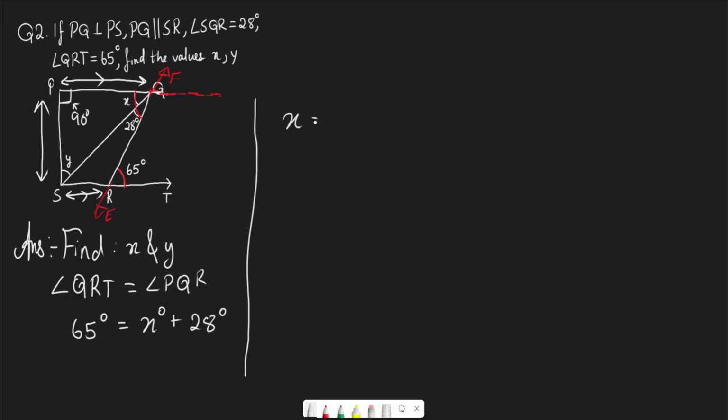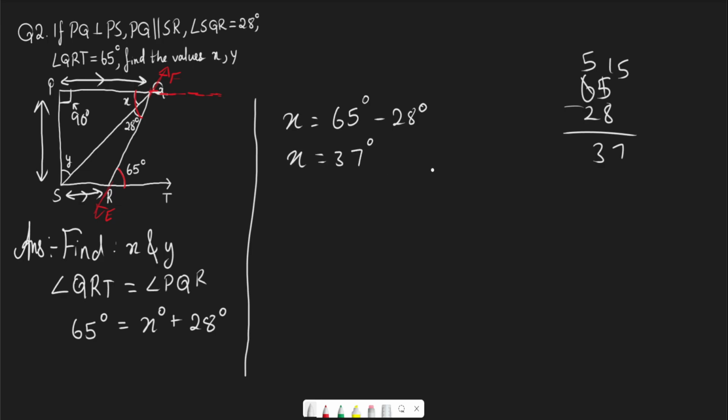So x is equal to 65 degrees minus 28 degrees, and let's do that quickly. Alright, I can't do mental math that easily right now, so 15 minus 8 is 7, 5 minus 2 is 3. We got x is equal to 37 degrees.